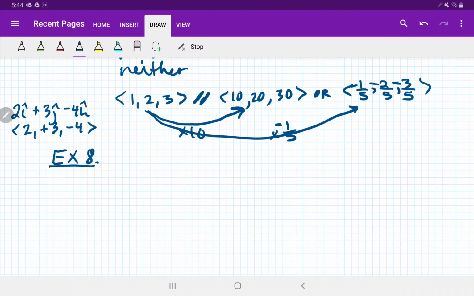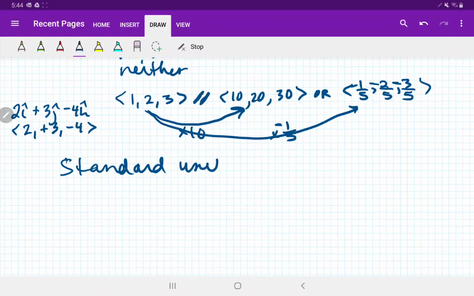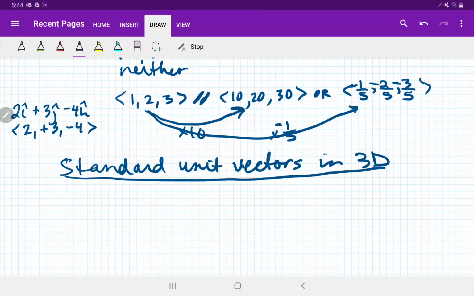This is as good a time for that as any. So let's just write standard unit vectors in 3D. Okay. So standard unit vectors in 3D are vector i, vector j, and vector k.